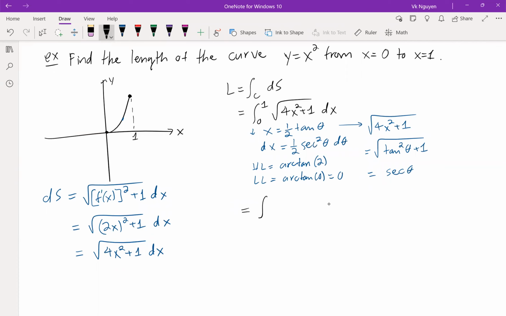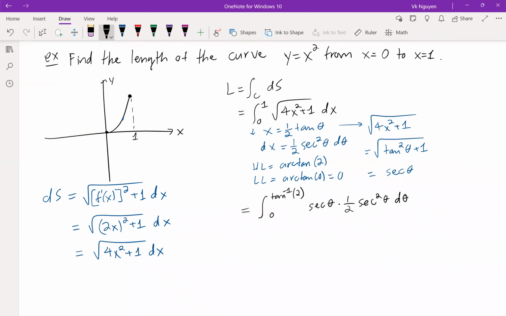Okay. Integral from 0 to arctangent 2 of secant theta multiplied by half of secant squared theta d theta.